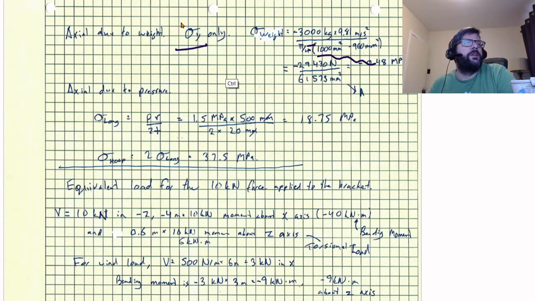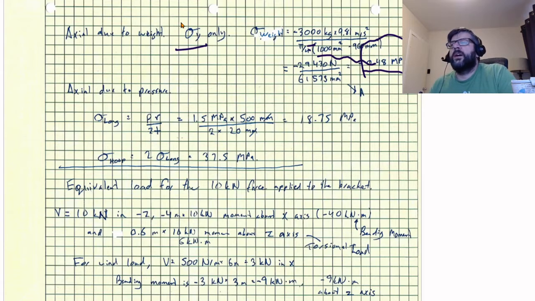So that ends up being 29.4 kilonewtons divided by 61.5 thousand millimeters squared. That works out to 0.048 megapascals. So that's a negative 0.48 megapascals because it is compressive.